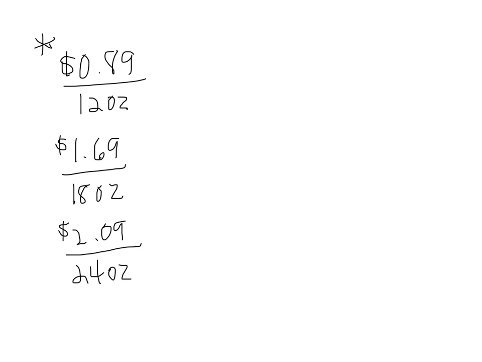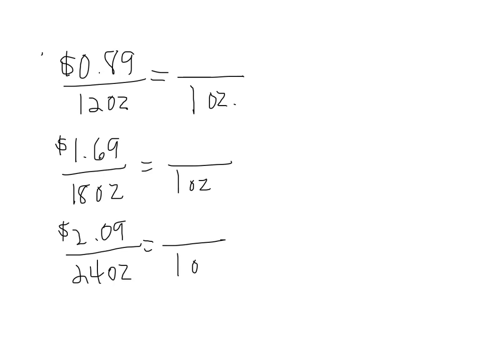So, to actually figure this out, you need to do a proportion so that every single second term is what? How many? 1. 1 ounce. Remember, this is creating what kind of rate? Unit rate for 1. Okay, so I'm going to go 1 times 89 cents, which is 89 cents, divided by 12.